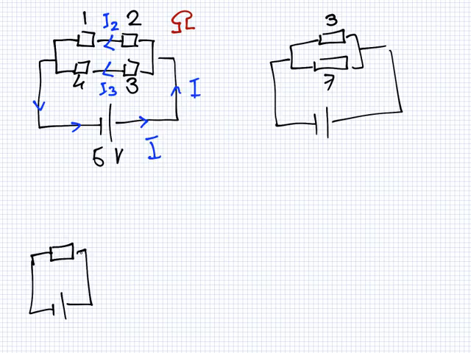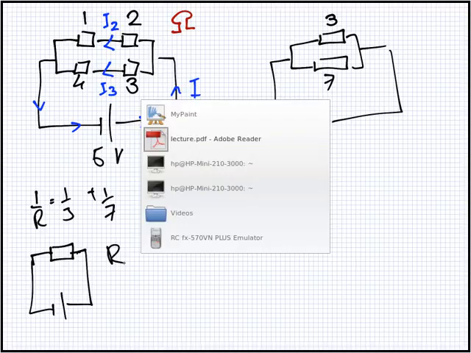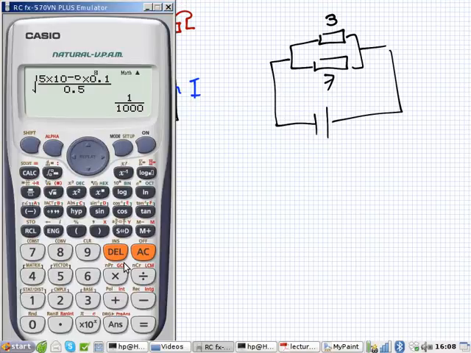I simplify again using the formula 1 over R equals 1 over 3 plus 1 over 7. 2.1 is it? .1, yes, you're right. 2.1.